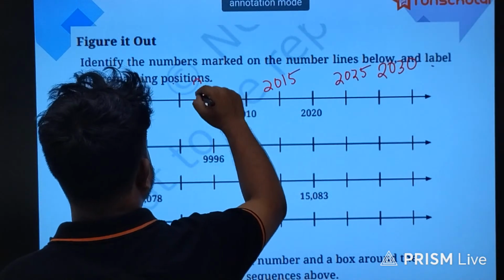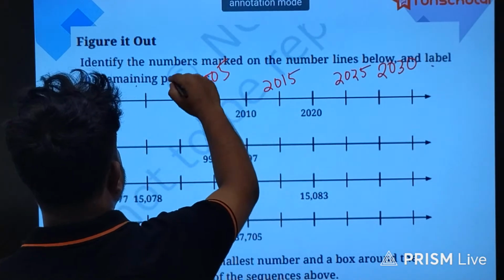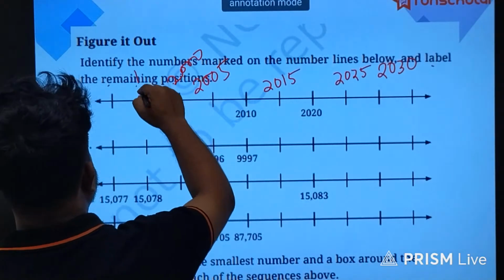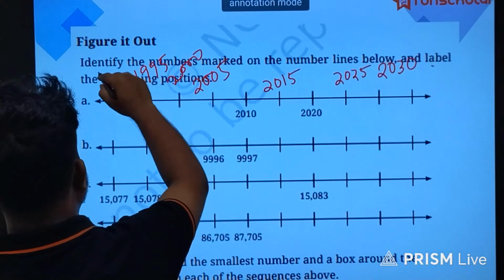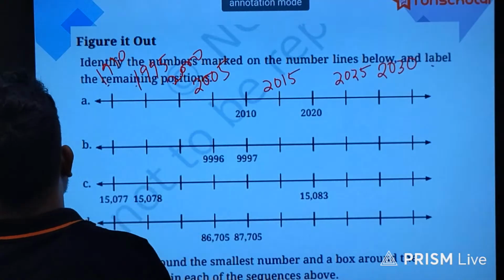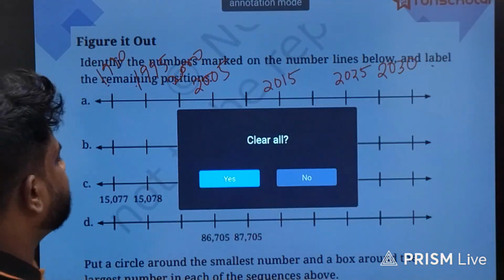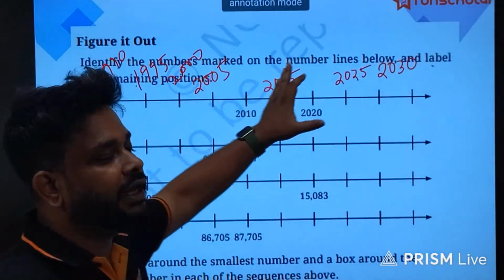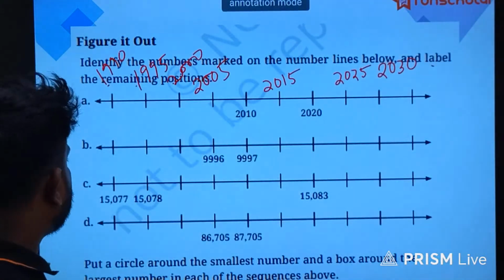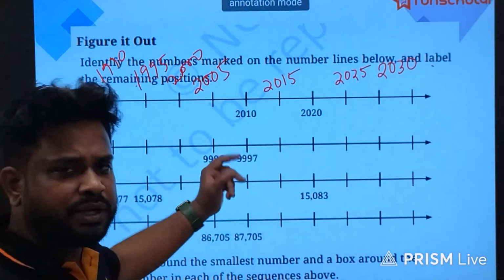It will be 2005, then 2000, then 1995, and then 1990. This is a representation of all the filled out cells.